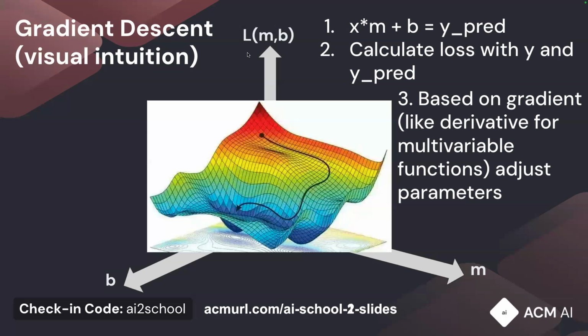And to do that, we use derivatives. So we would find the derivative of function L and try to minimize it. And because function L, in complex models, is most likely going to have more than one variable, we will call it the gradient. Gradient is just the derivative, but for multivariable functions.